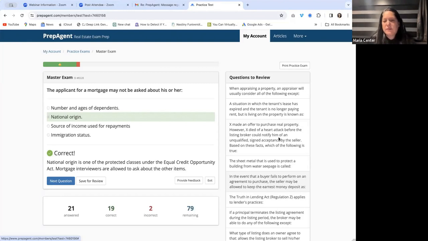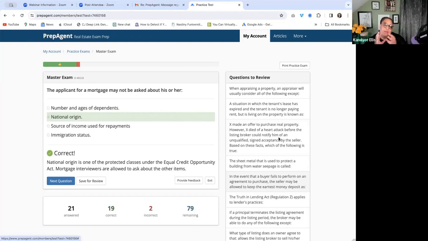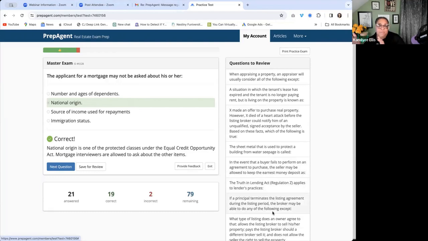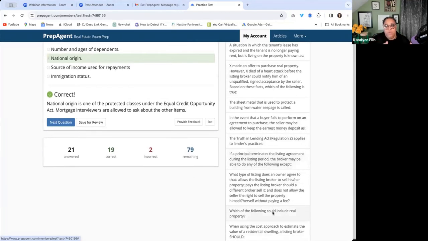Kandyce, how would you explain something else? I like to think that ostensible agency and the doctrine of estoppel kind of go hand in hand at different points in the same scenario. So you can think of ostensible agency as the same as apparent agency, which is really close to implied agency.